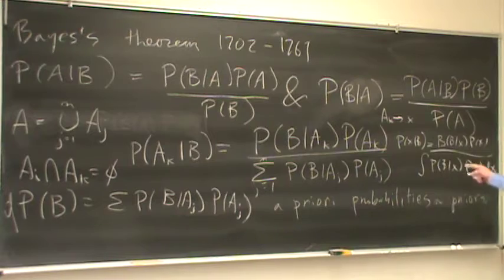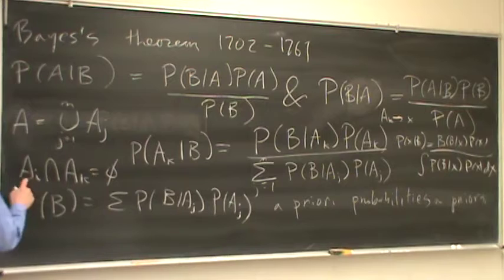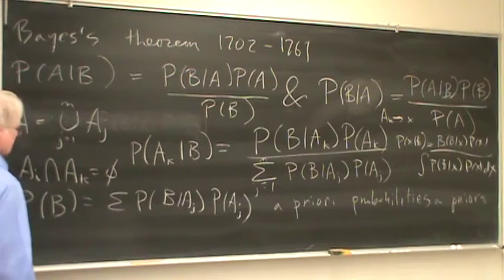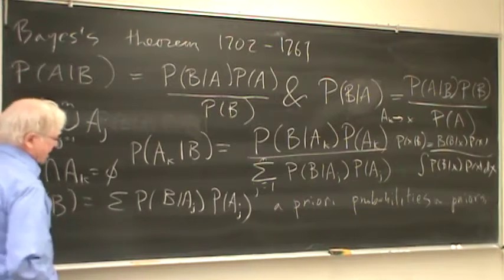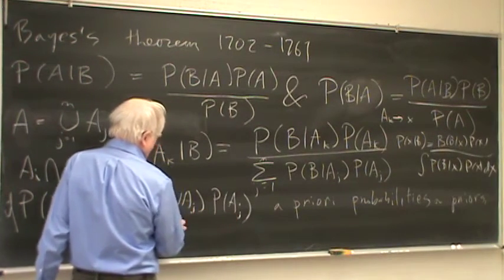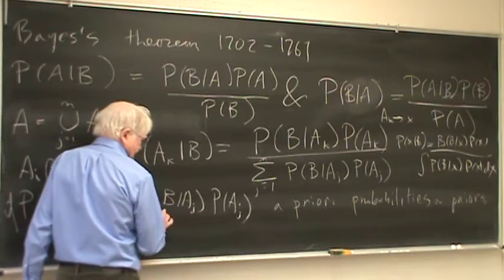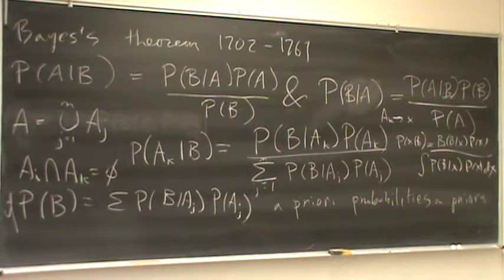Once again, these x's are different real numbers, so the intersection is 0. And we're assuming that b can only occur if x has some value, and then there's a certain probability of b given that particular value. Okay.